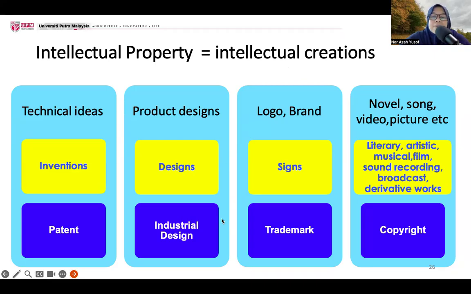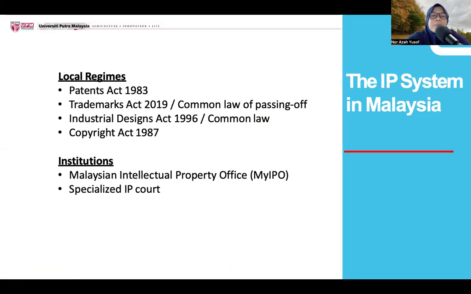But depends, if you work with architecture related, engineering, design, then probably it falls under industrial design. And trademark is usually names, logos, brands. Whereas copyright usually is artistic, like songs, music that you wrote.